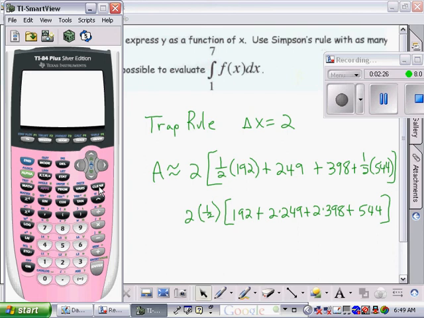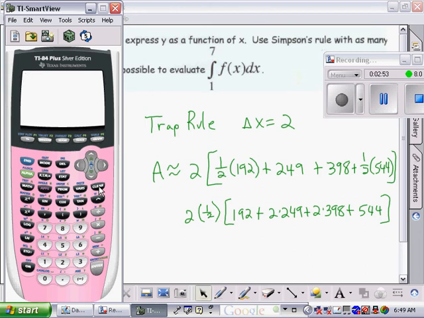That's just part of trap rule. The 1/2 is part of the trap rule because the formula for the area of a trapezoid is 1/2 the height times the sum of the bases. So the 1/2 that's in here comes from that formula. You can either leave it outside, like the second piece here, or you can take it and distribute it inside.